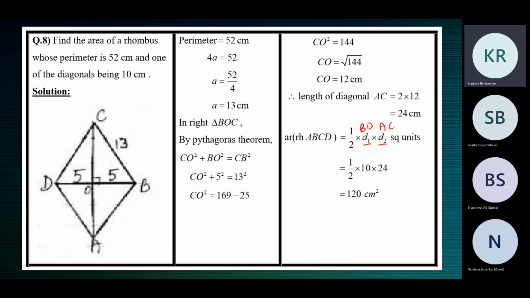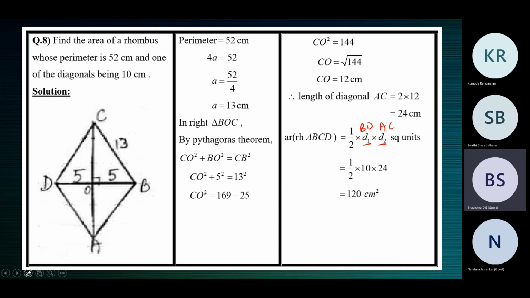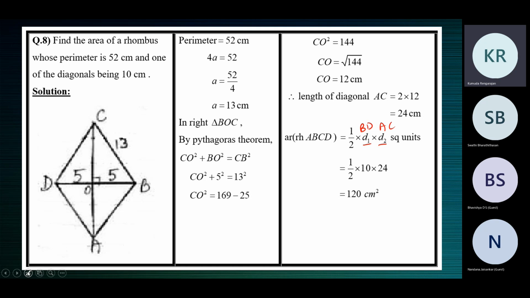Done, girls? Completed, ma'am. Bhavishya? Ma'am, last step I'm doing, ma'am. Okay. Completed, ma'am. Okay. So let's see the answer again.